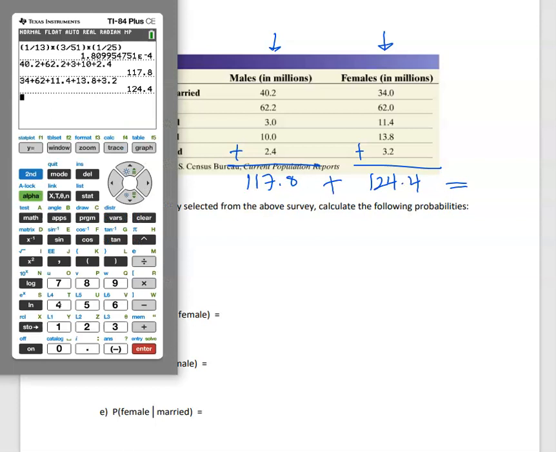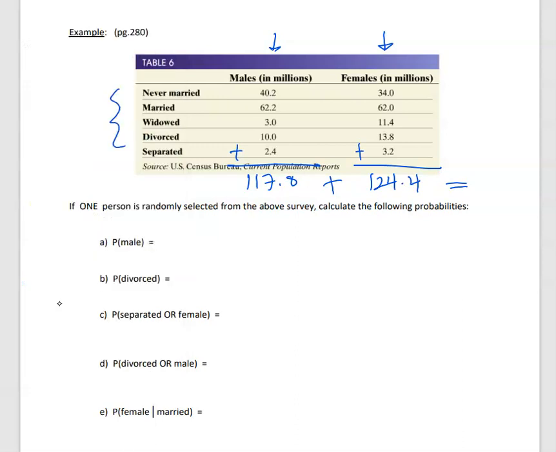In that case, we would be getting 117.8 plus the 124.4, 242.2. And now we've got all the numbers that we could possibly need, even though it would be convenient as well to come up with totals, like how many people said they're not married, how many people said they're married in total, because we might need some of these, even though we'll just take it on a case-by-case basis, which ones we need for this problem.